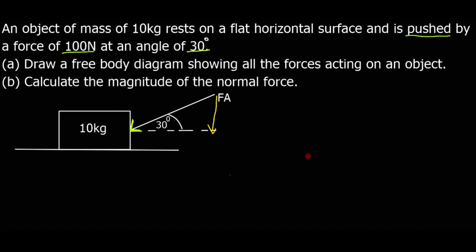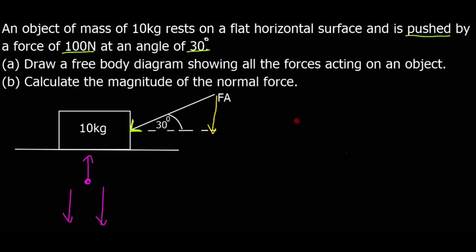So in this situation, gravity is downward, and the component Fv is also downward, but the normal force is upward. We apply the same thing: for the reason this object is not going up or down, the upward forces and the downward forces are equal.